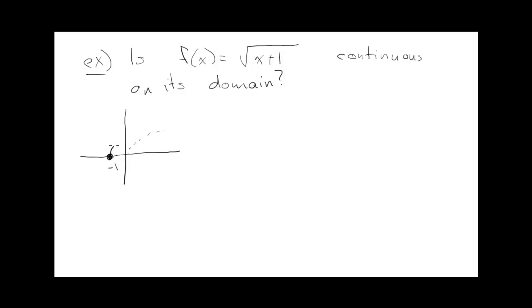That's f(x). That's x, that's y. So the domain, the interval we're looking for, is the set of all real x such that x is bigger than or equal to minus 1.